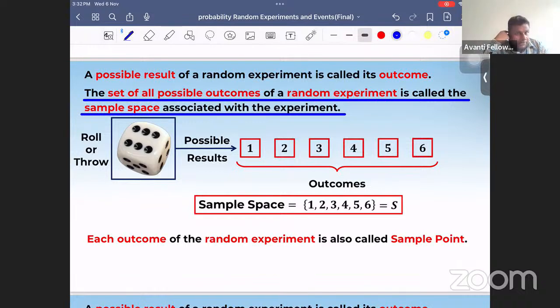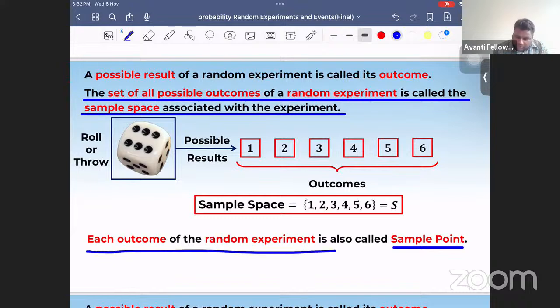The set of all possible outcomes of a random experiment is called the sample space associated with the experiment. Got it? And there is a definition called sample point. So each outcome of a random experiment is called a sample point. Priyanka, is that clear to you?